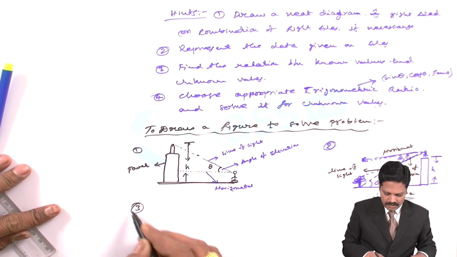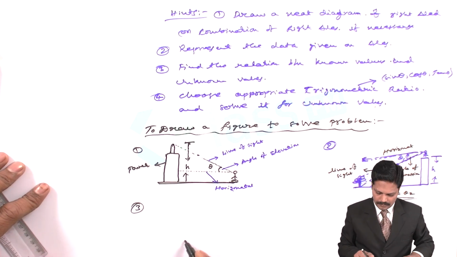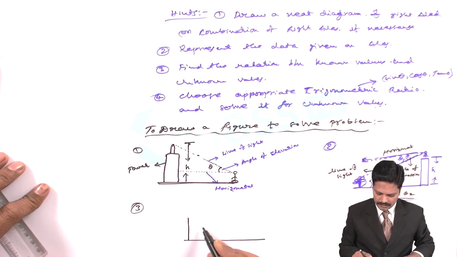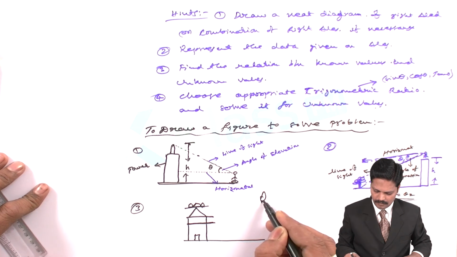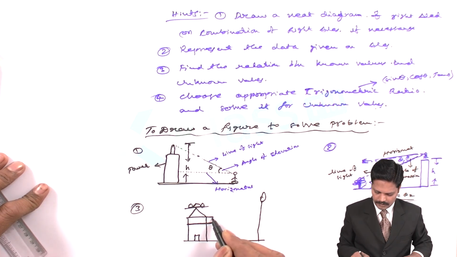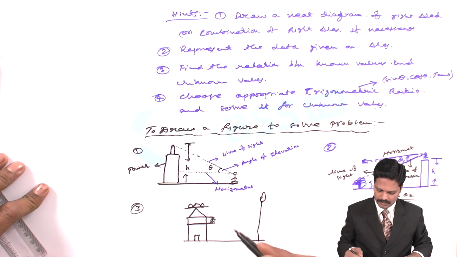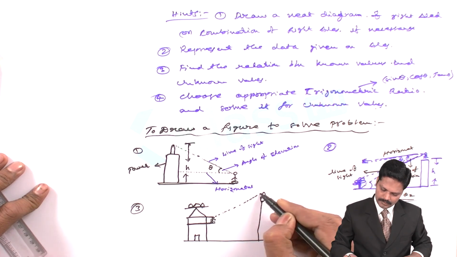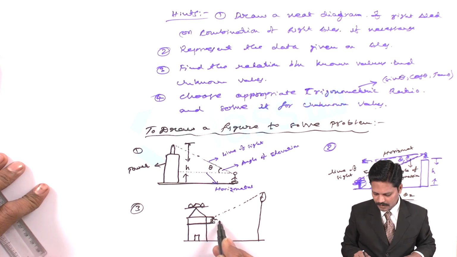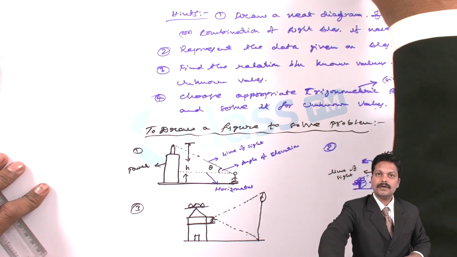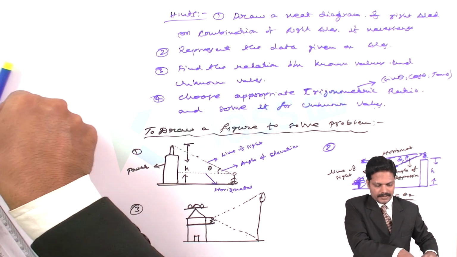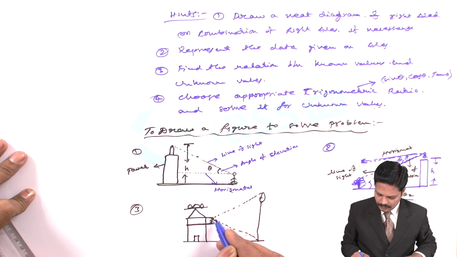If we have a third situation, I am taking here a person standing on a house. This is the house. What he is watching is a balloon, and he is watching the top of the balloon, and at the same time the point where the thread is tied.